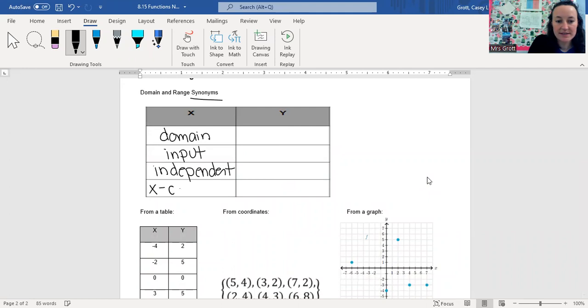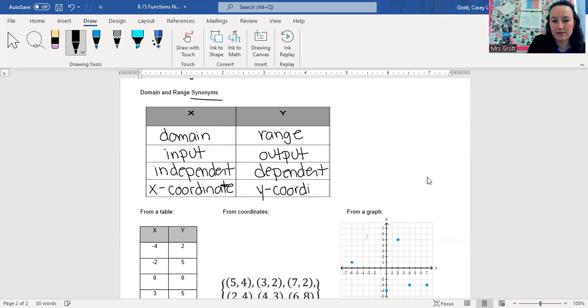Also known as x is the x coordinate. y is known as the range. y is also our output and our dependent variable and our y coordinate.